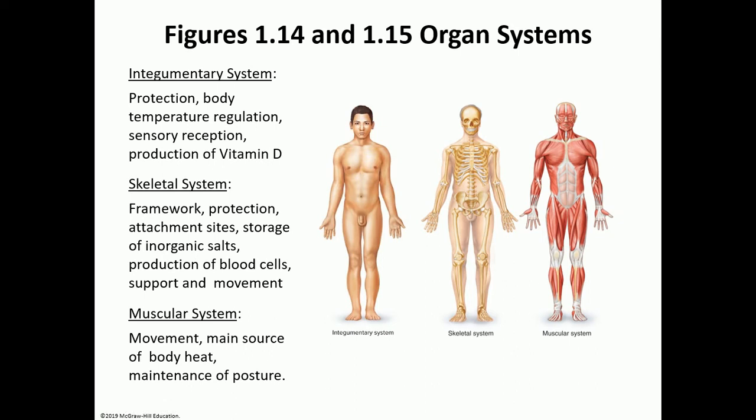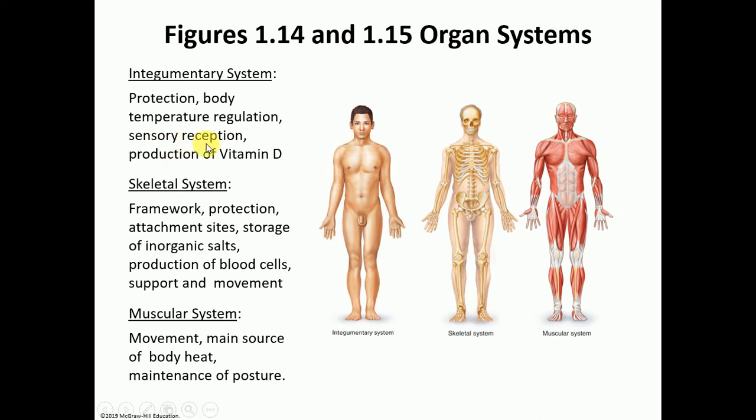It helps in the regulation of body temperature, and we saw that when we were talking about homeostasis. It's important for sensory reception. So we feel pain, touch, pressure, all these different senses that we can feel is a function of the skin because we have different receptors. And it is also important for the production of vitamin D.